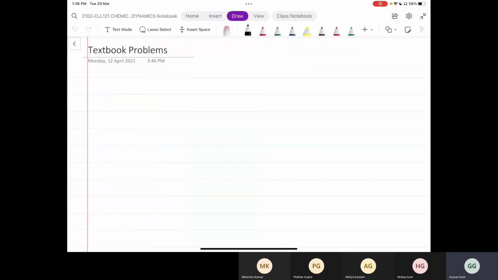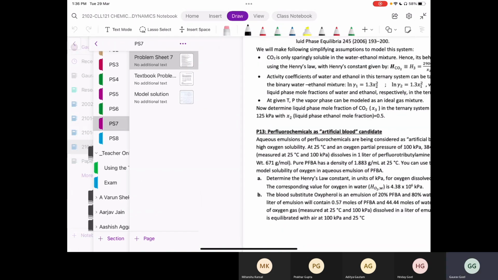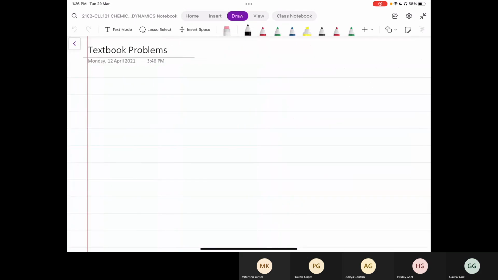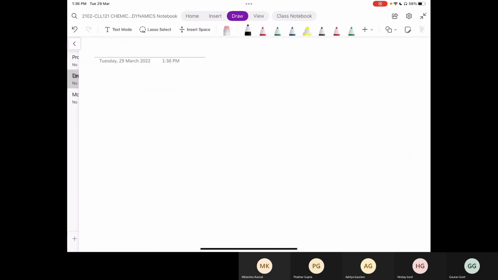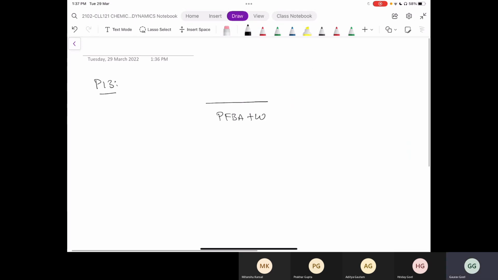So let me, what was the problem number again? P13. So broadly, this is the proposal that I have an aqueous solution that contains PFBA in water. It will ultimately be equilibrated against oxygen, which is part of air.